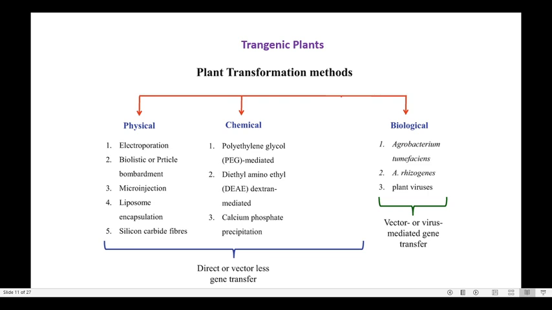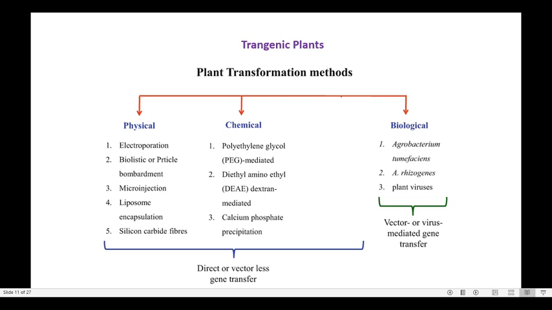Now the other method is direct. In the direct gene transfer method, we do not use any bacteria or viruses. The recombinant DNA is directly transformed into the plant using two broad kinds of methods, physical or chemical.